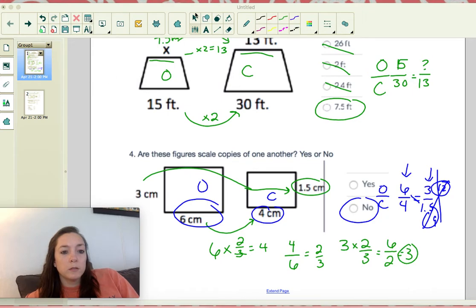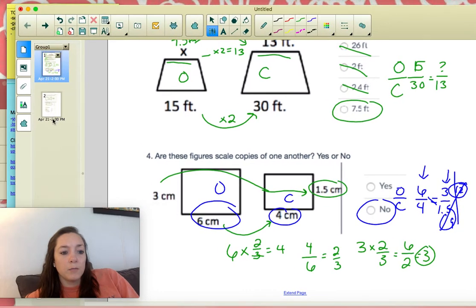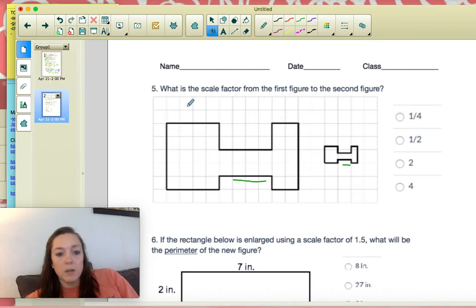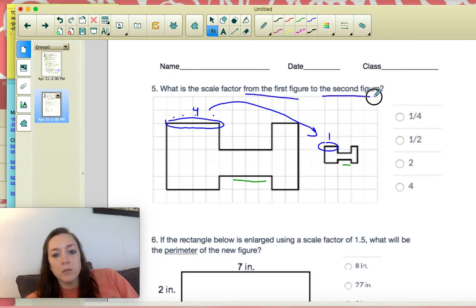For this one, it just wants to know the scale factor. So what am I multiplying by? Well, I'm just going to pick something easy. I'm going to pick this first section. So let's count the squares. So it's 4 units. And then the second one is just 1. So from 4 to 1, we can't just say 4. 4 times 4 is not 1, okay?